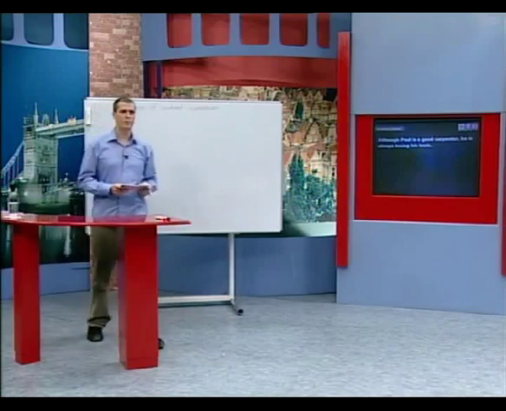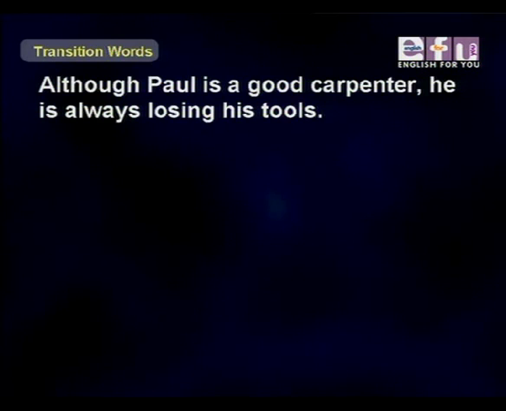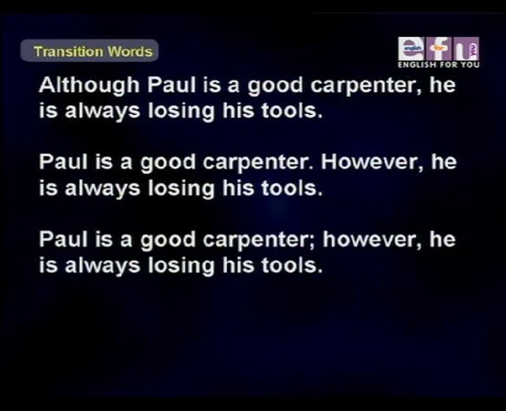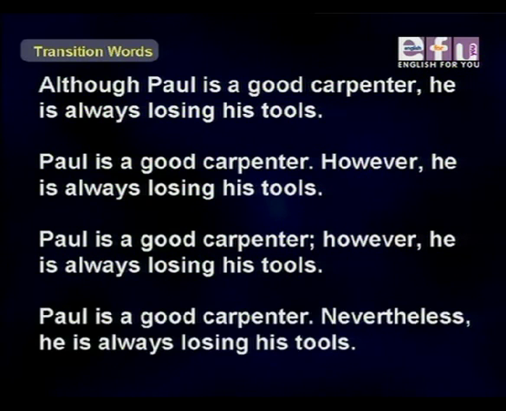Here are some examples. Although Paul is a good carpenter, he is always losing his tools. Paul is a good carpenter. However, he is always losing his tools. Paul is a good carpenter; however, he's always losing his tools. Paul is a good carpenter. Nevertheless, he is always losing his tools.